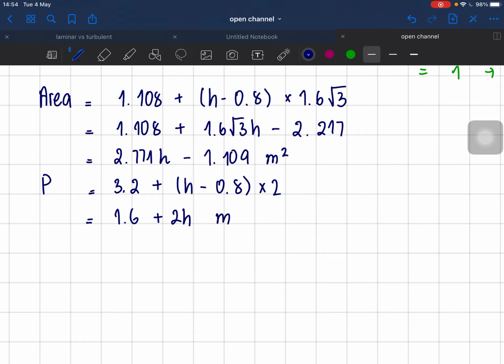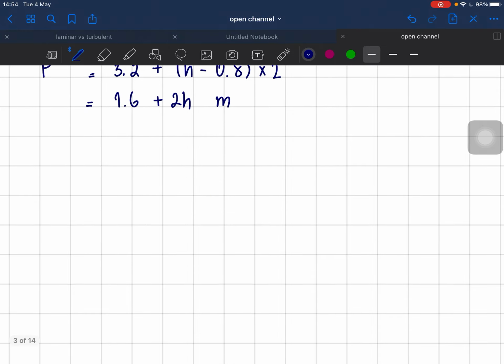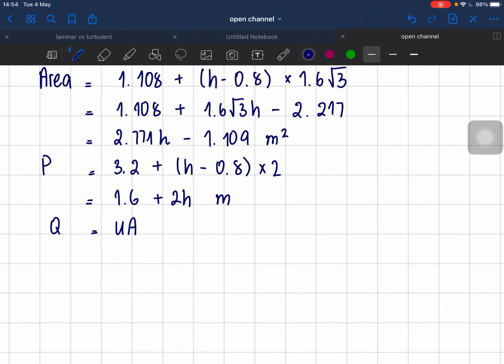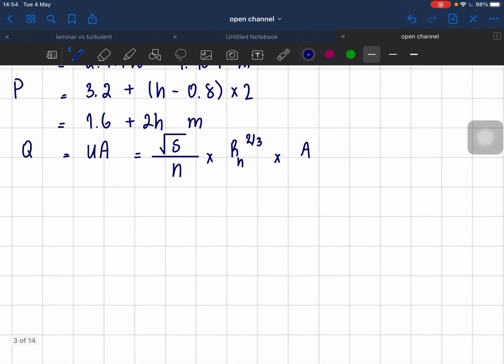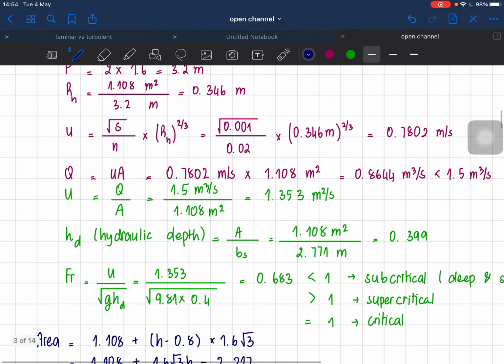Then we can find the Q, which is U A, and U equals the square root of S over n times R to the power 2 over 3, times A. So now how much is the square root here? I forgot.